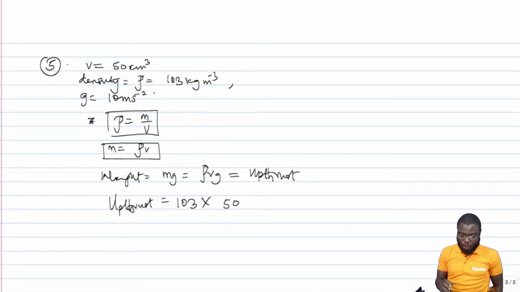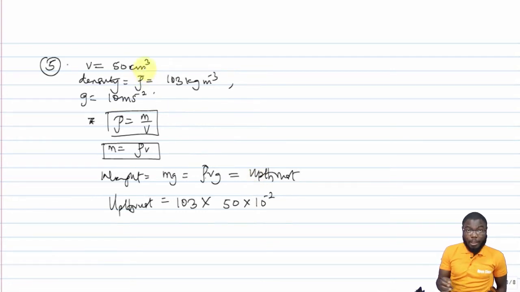This is centimeter cube, so you are going to have 50 times 10 raised to power minus 2, that's divided by 100. There are 3 of them because it's centimeter cube. Then we're asked to take g to be 10, times 10.